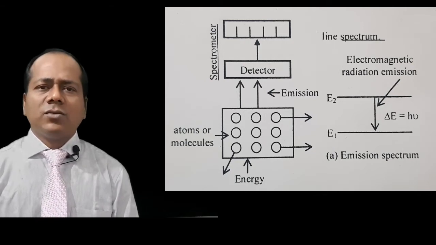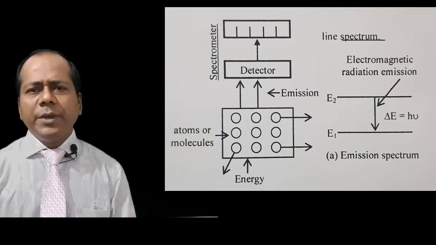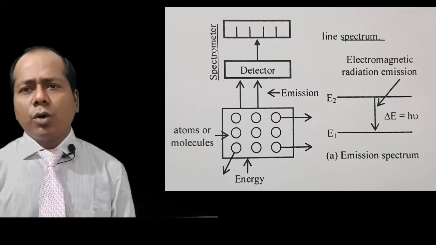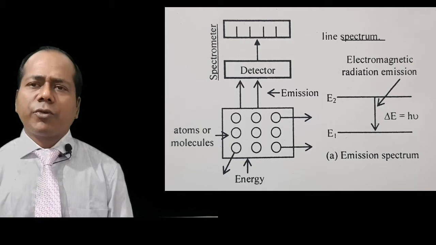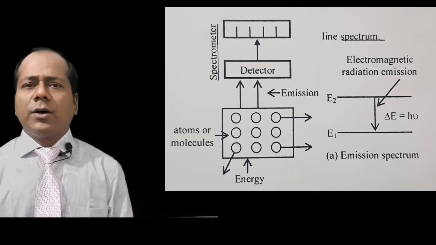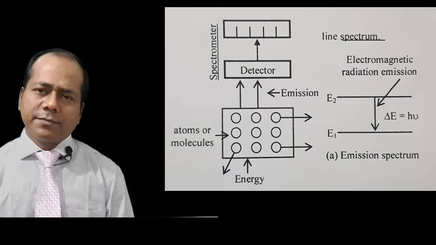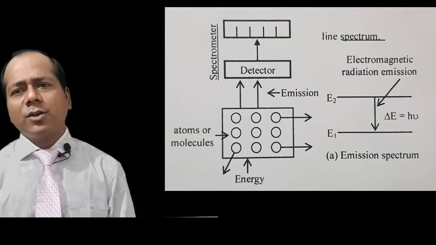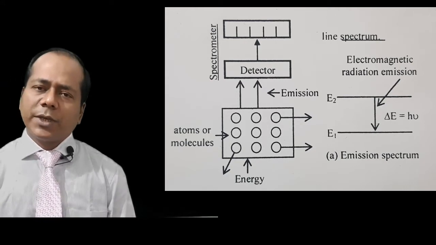Analyzing the emitted radiation by spectroscope shows the appearance of discrete groups of colored lines on the photographic plate. These colored lines are known as atomic spectra or line spectra.